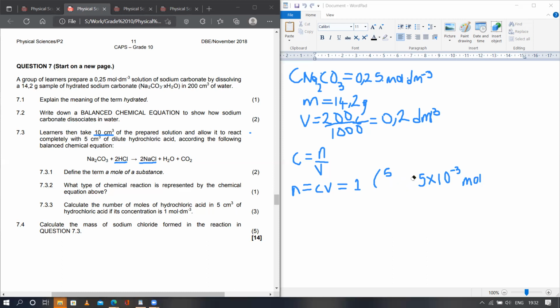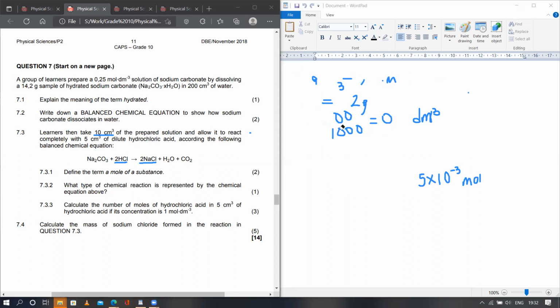The number of moles is 5 times 10 to the exponent negative 3.